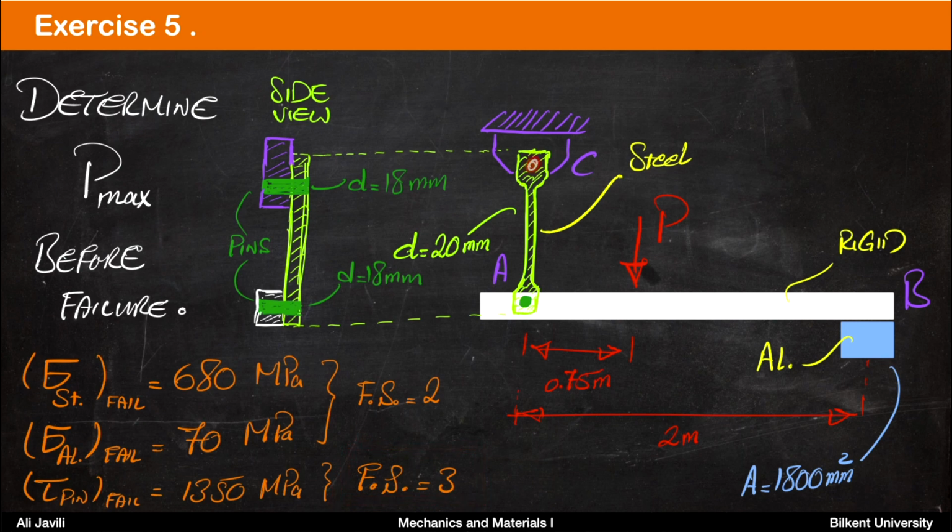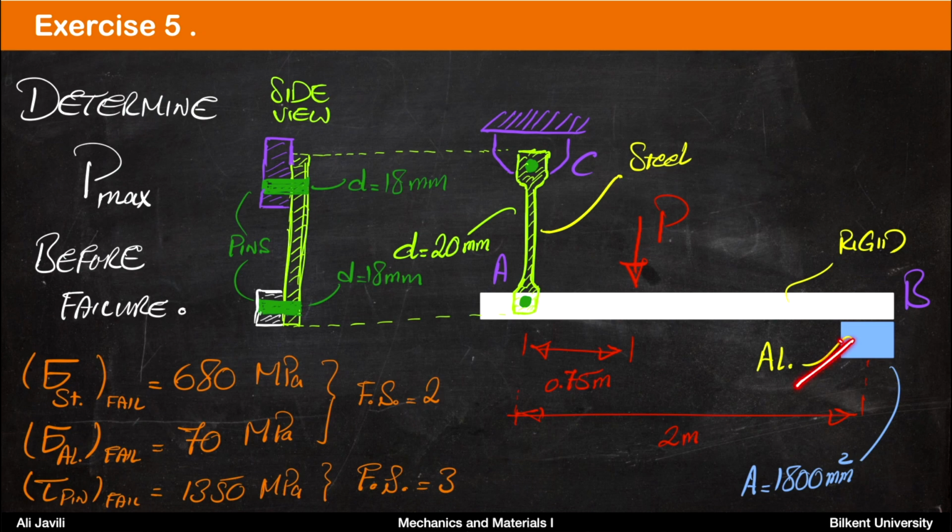So these are the pins, and as you can see by the figure, these are basically single shear pins if you see the side view here. The aluminum block is here on the right, and it has a cross-sectional area of 1800 millimeters squared, so you can imagine that it looks like this, and this area is where it carries the load of the rigid bar.